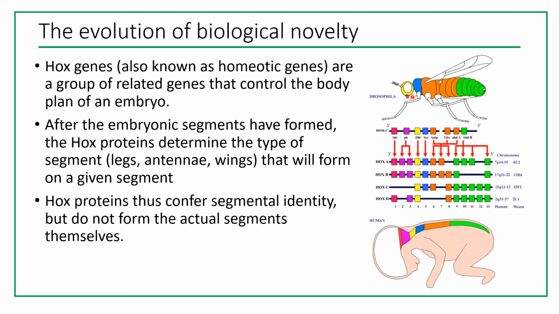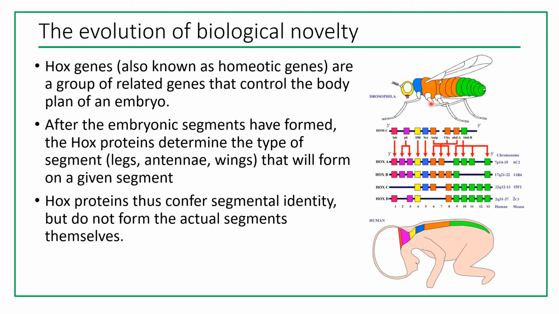After embryonic segments are formed, these Hox genes code for Hox proteins, and they determine the type of segments that will form on a given part of the body, right? So Hox proteins confer segmental identity, but do not form the actual segments themselves.